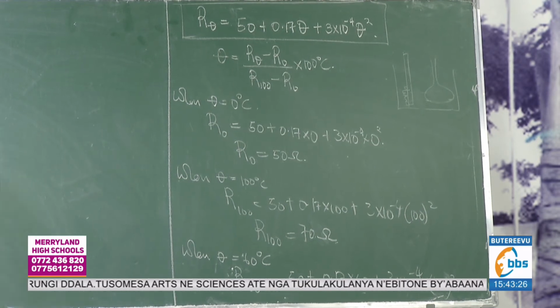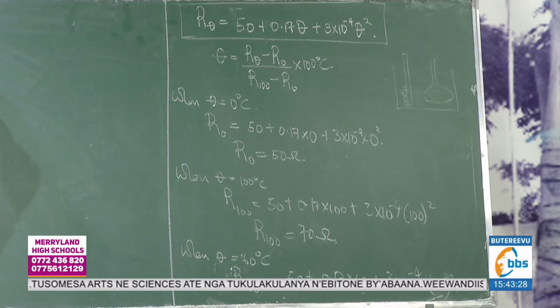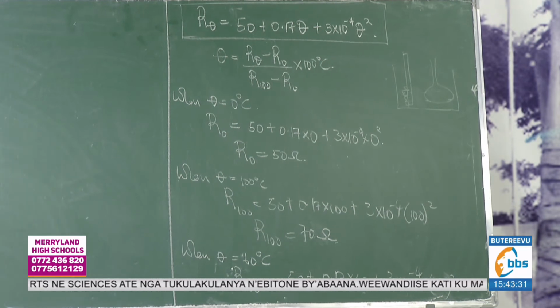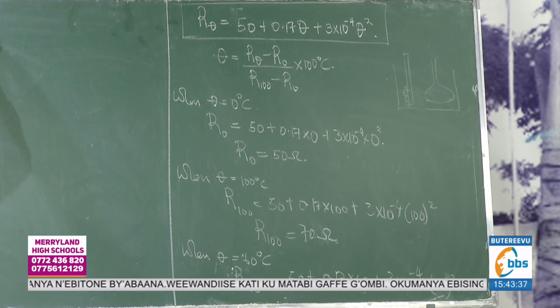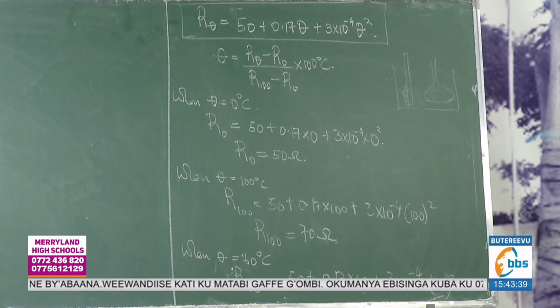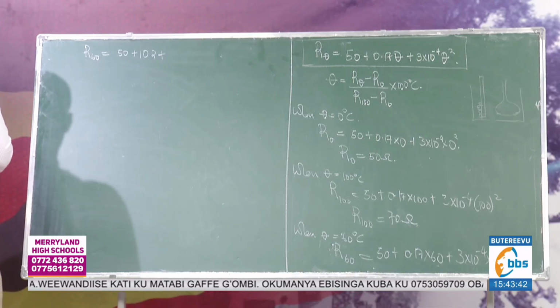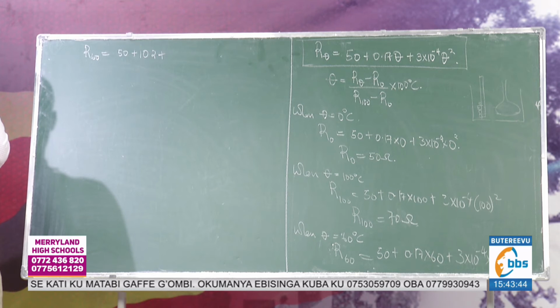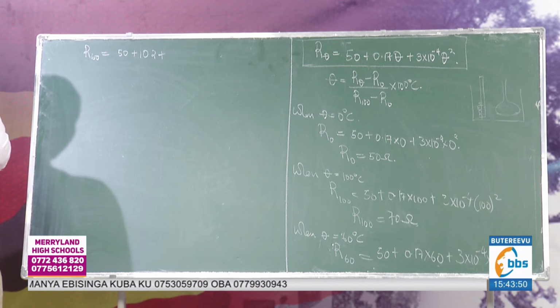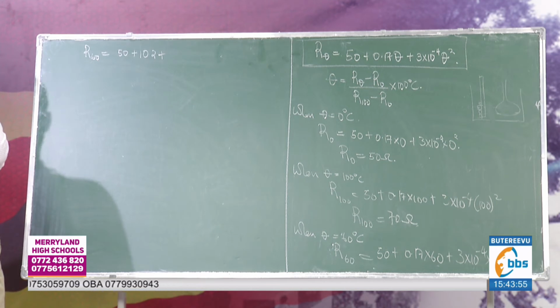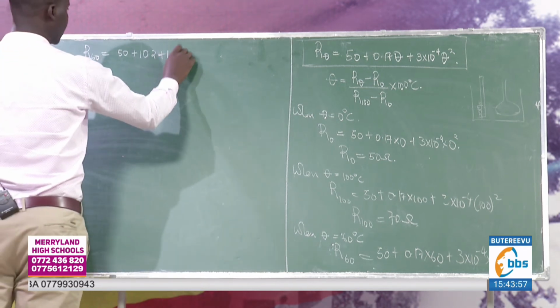I'm using the non-scientific calculator, 50 plus, let me rearrange it just to be sure, 0.17 multiplied with 60, then 3 exponent minus 4 multiplied with 60 squared is 1.08.